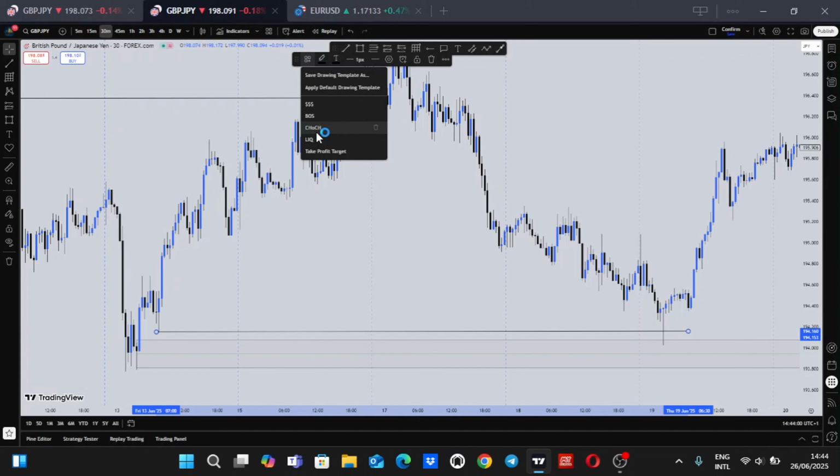Then aim for whatever you want. You can aim for these recent highs here. If you want to collect more from the markets, you can aim for the highest point, which was somewhere here. And price actually got there. This was a 1-to-7 risk to reward ratio trade. A very smooth and sweet one.